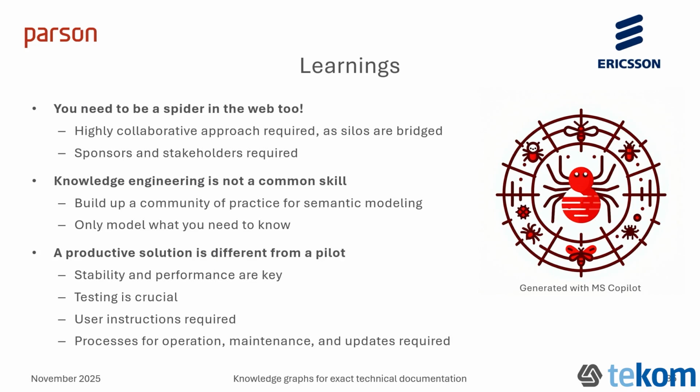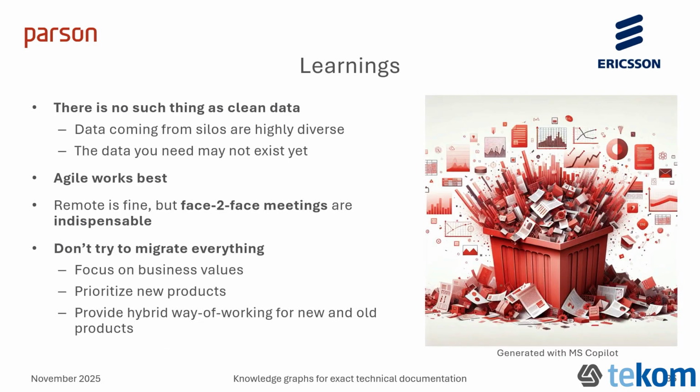And I talked a lot about this. A productive solution is very different from a pilot or an implementation solution. You need to make sure it works. You need to test it thoroughly before you actually go live. Yeah, and I can sign all that.